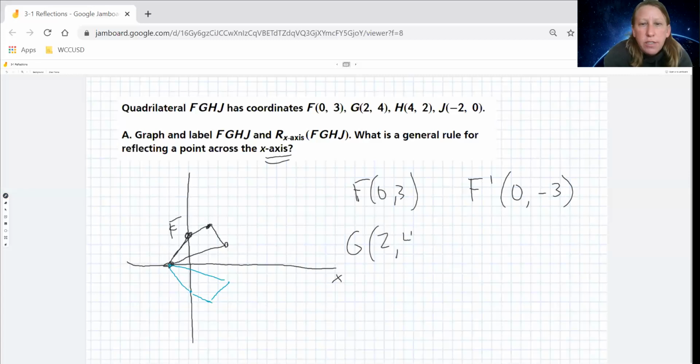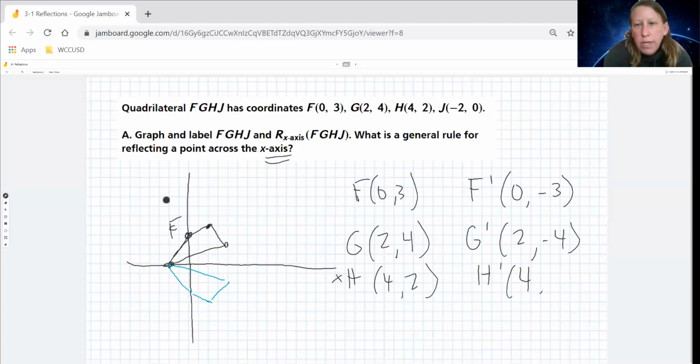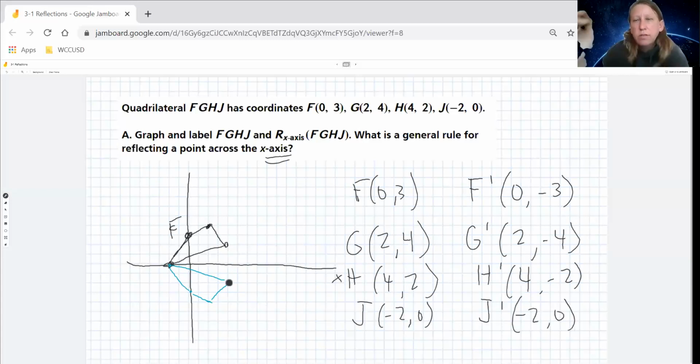G is 2, 4. G prime is going to be 2, negative 4. H is 4, 2. H prime is going to be 4, negative 2. You can see it, 4, negative 2 right here. And then J is negative 2, 0. J prime, also negative 2, 0.